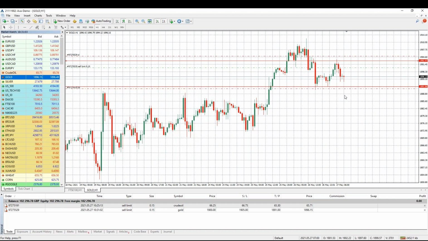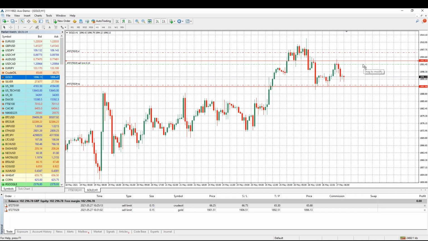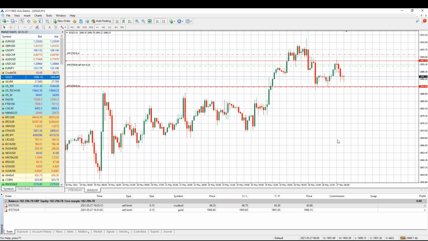So now we have a pending order set up, and you might say, you know what, that's a little low. Maybe I want it closer to this resistance up here. Okay, you could play with your entry point on your pending orders just by sliding the lines a bit. But I like right around 1900 as an entry, because that's a round number.